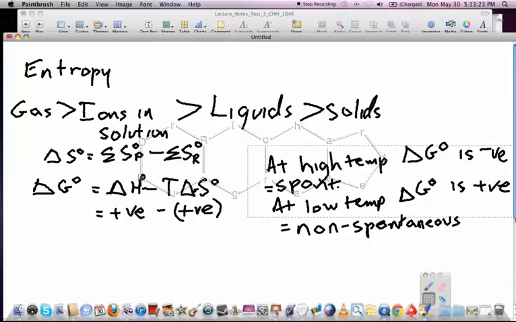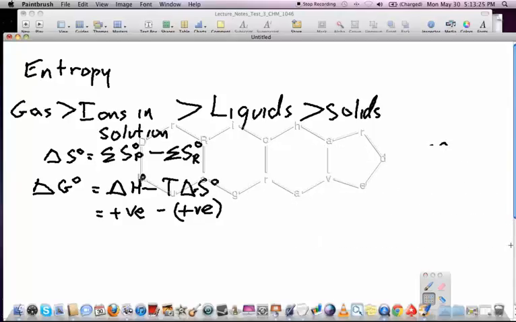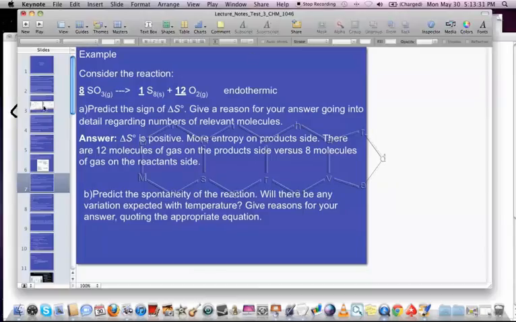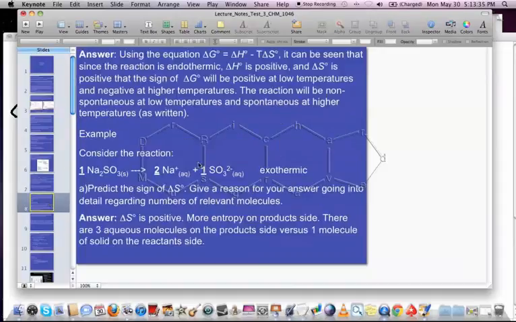Alright, we'll get rid of that and we'll go on to the next example. Alright, let's look at this one. This one has a solid on one side and then aqueous ions on the other. And what I want you to see is that we have 3 aqueous ions and 1 solid.